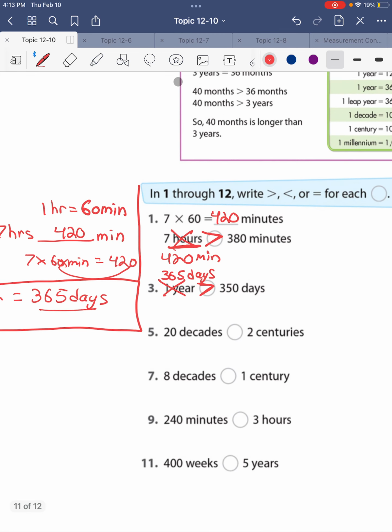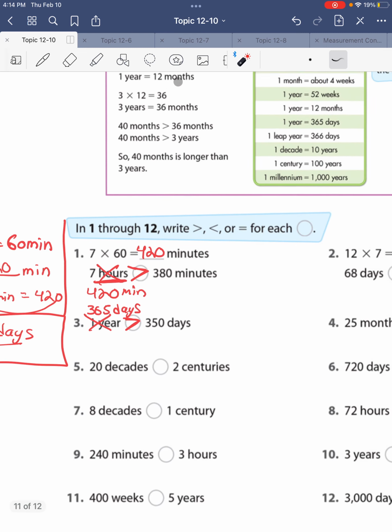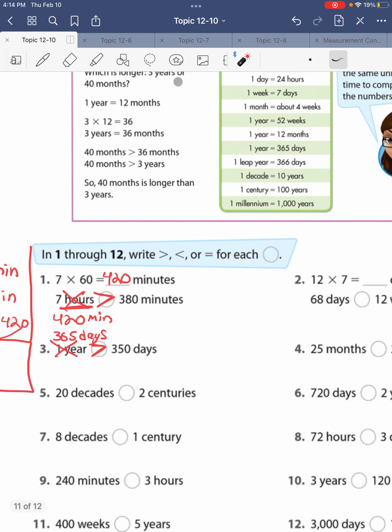Let me do number 5. Number 5 says, I have 20 decades and I have 2 centuries. I need to see which one is more. If I look here, I don't have anything from decades to centuries or centuries to decades. All I have is years.